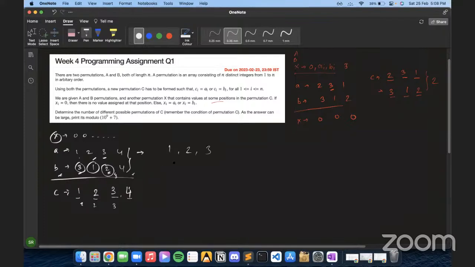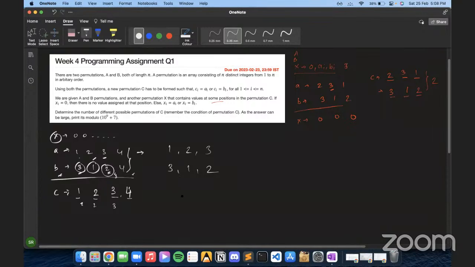So it is a permutation of elements from the starting to the third index. We chose 1, 2, 3, and we could have also chosen, if we had chosen 3, the permutation would look like 3, 1, 2.